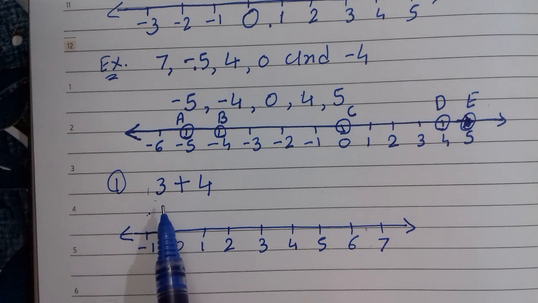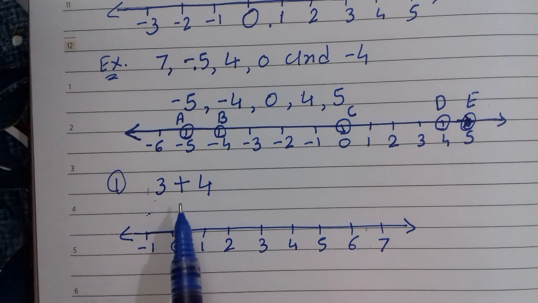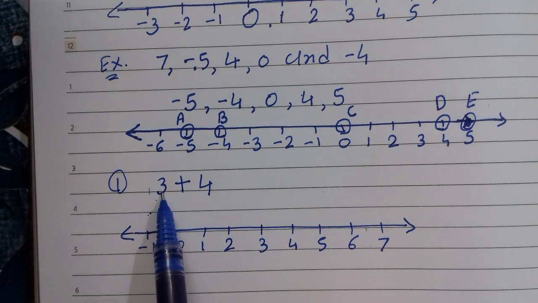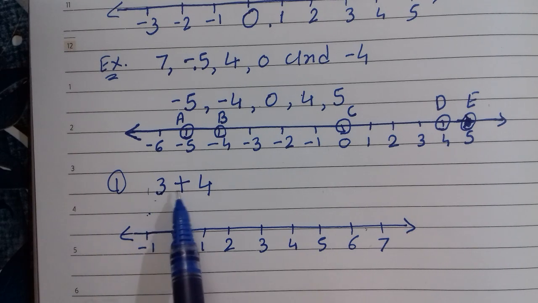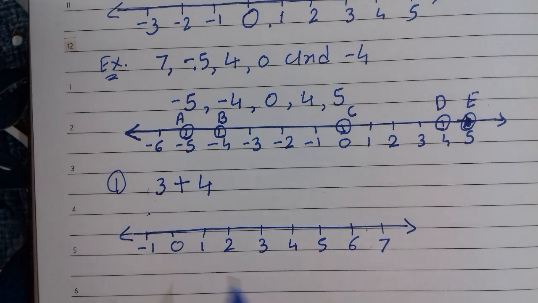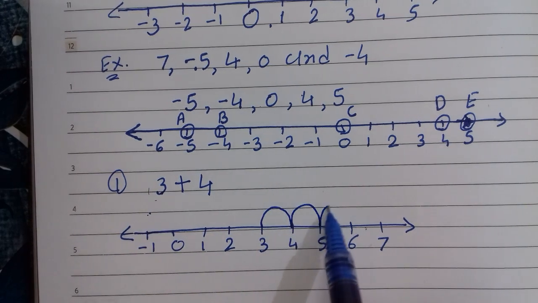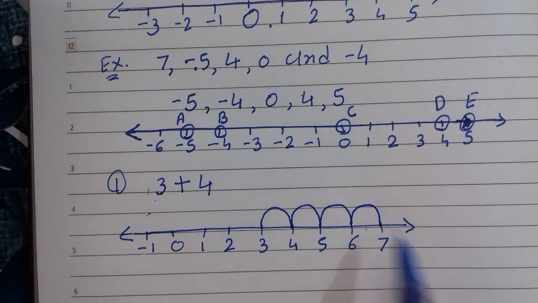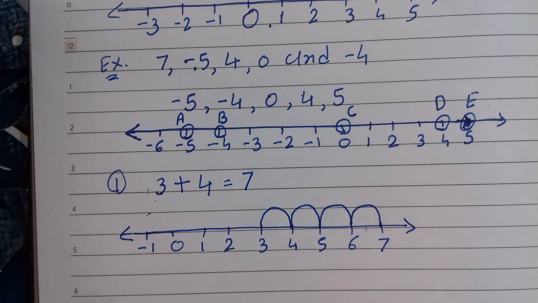Here the first integer is 3. So move 4 steps to the right of 3. First, second, third and fourth. So the answer is 7.